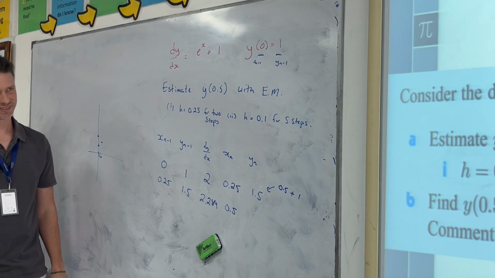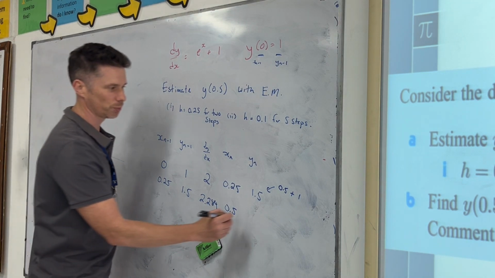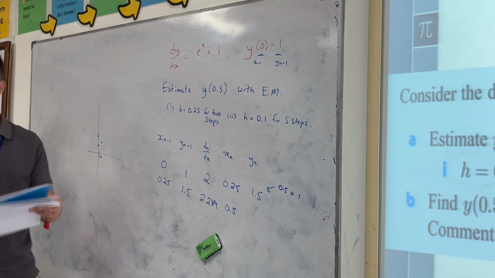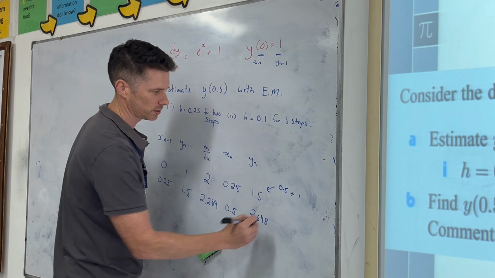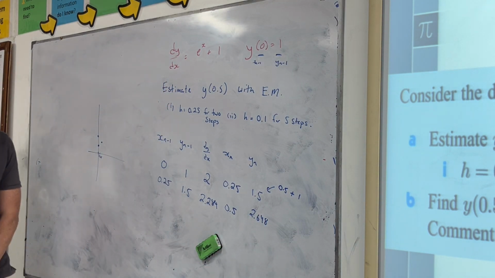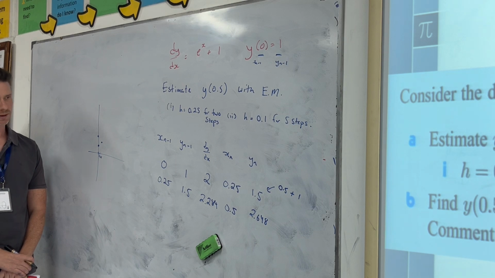That's the new gradient. I got 2.648. How do we get that? Multiply 0.5 by 2.284, then add that to 1.5.